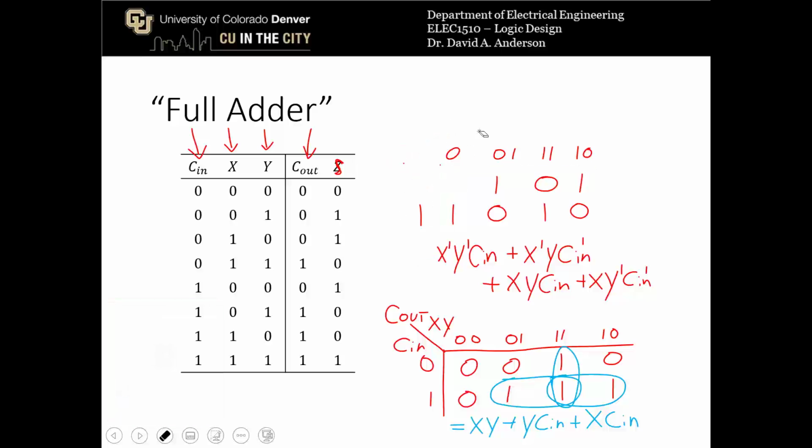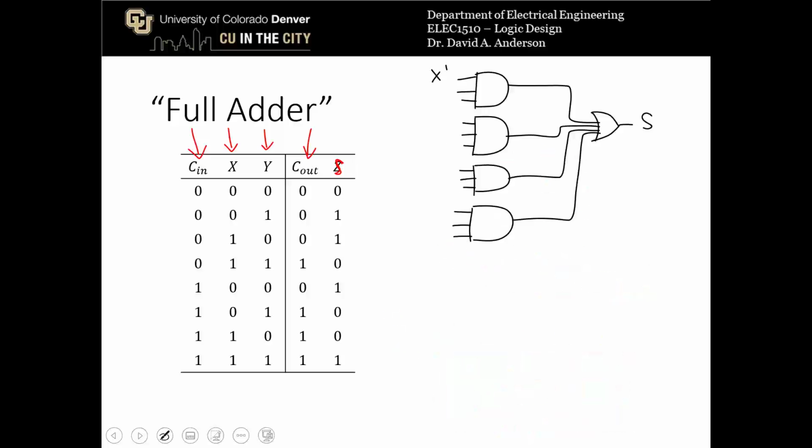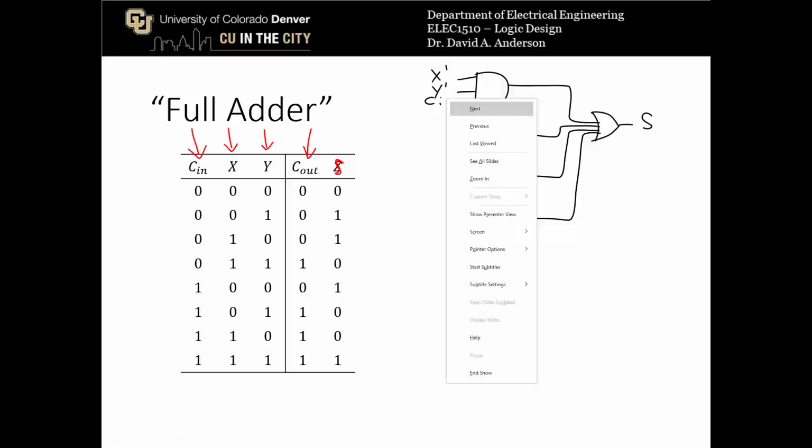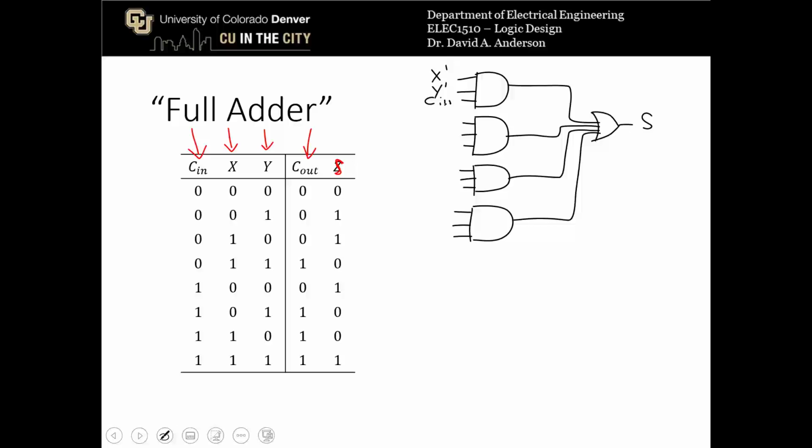Okay, so drawing the hardware for the full adder, x prime y prime carry in, x prime y carry in prime, x y carry in, and x y prime carry in prime.